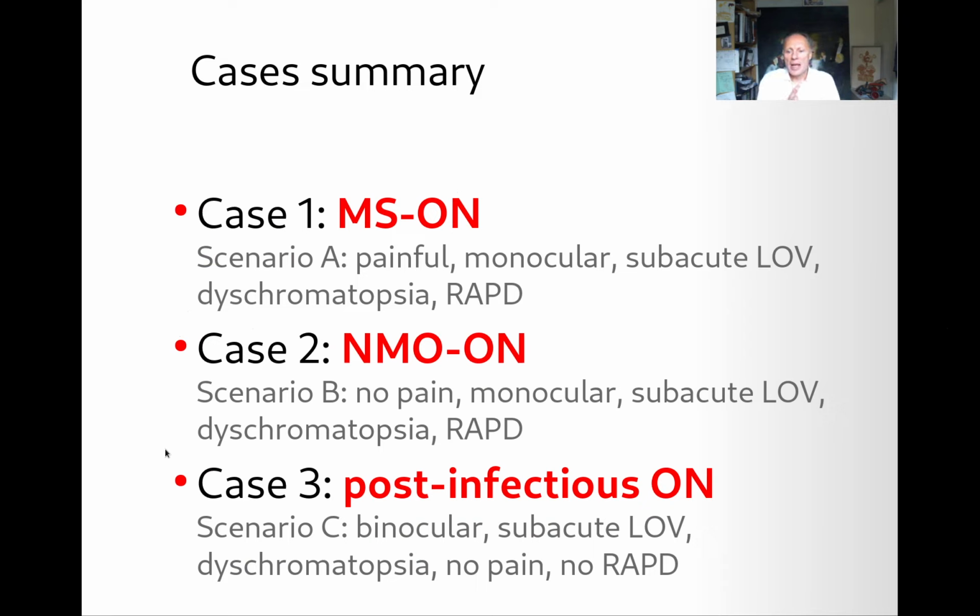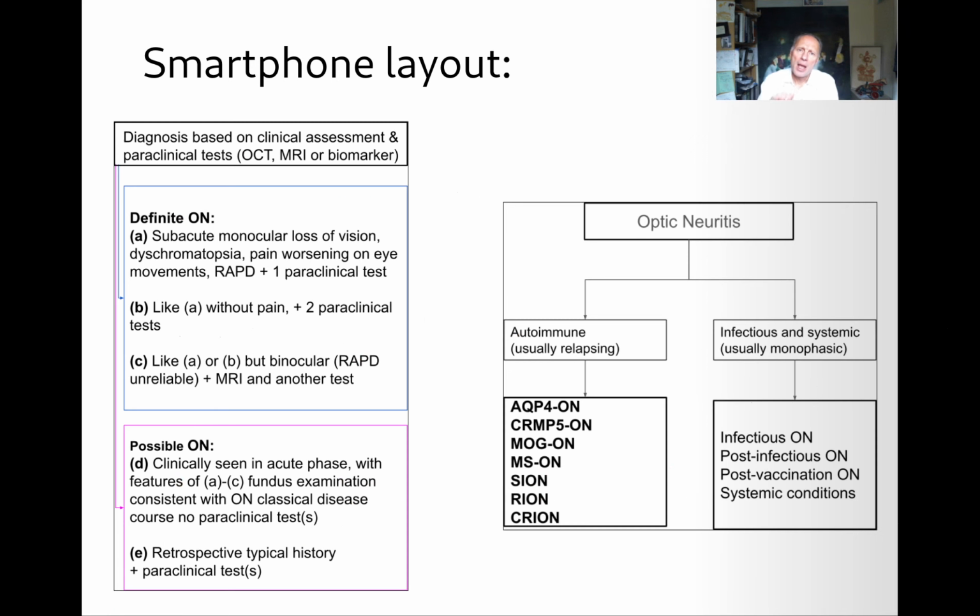With that, I repeat the cases once more. You were right. Multiple sclerosis was the first, NMO the second, and post-infectious dengue fever the last. When you go to the survey, the flowcharts will look slightly different because we designed them to fit a smartphone.